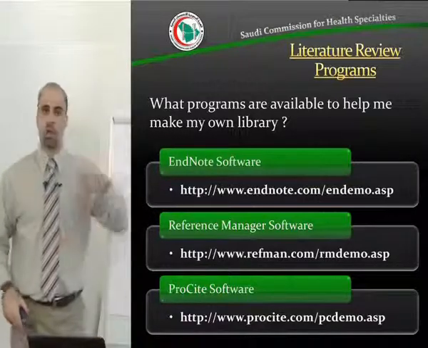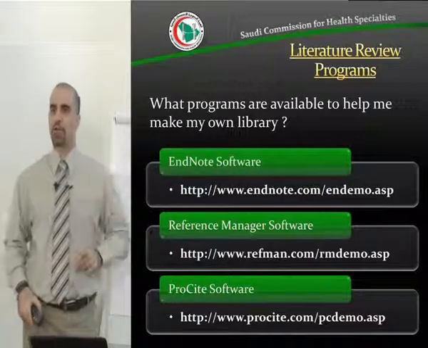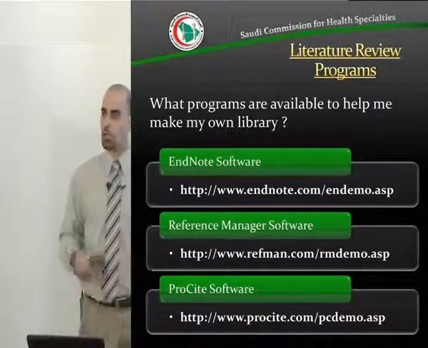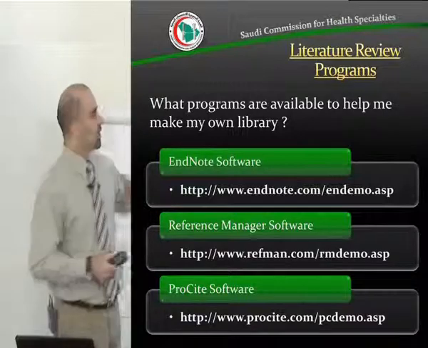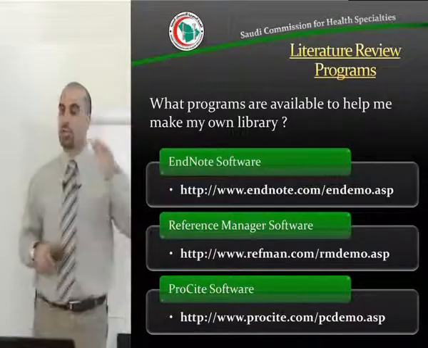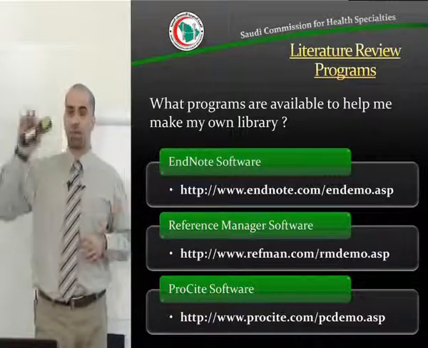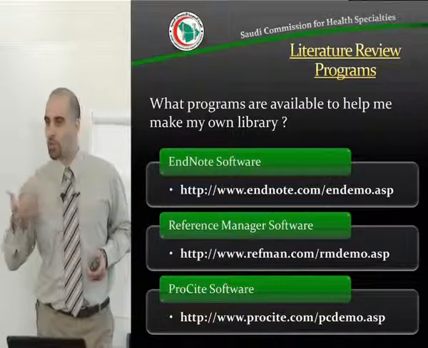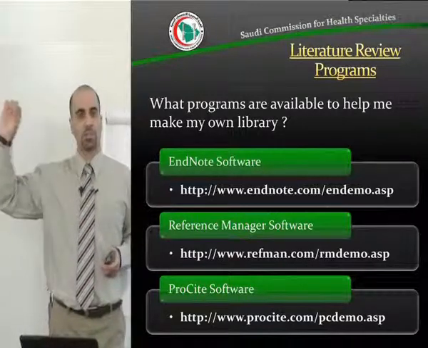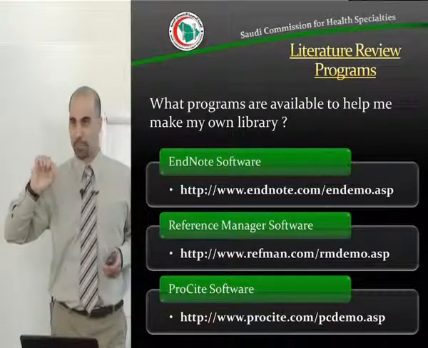So eventually, when you are doing all your search and you find maybe 50 articles, you don't have to worry about the references and the way you put the references. EndNote will do it for you, and it will organize it for you. What's even nicer, when you are writing a paper, you have to put references in the body of the text, right?